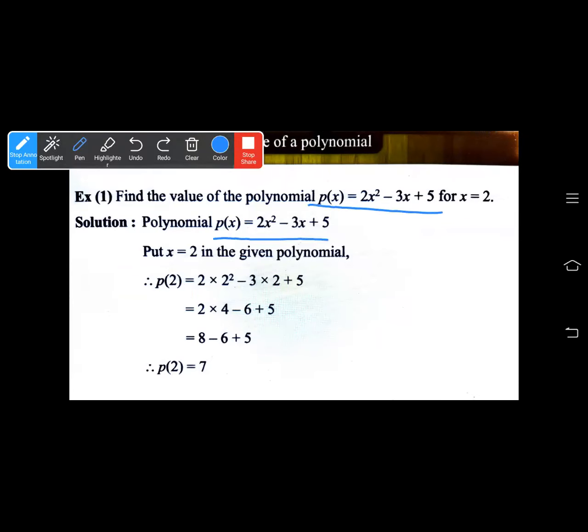For x equal to 2 in the given polynomial, we get p of 2 is equal to 2 multiplied by 2 squared minus 3 into 2, plus 5 written as it is. That means you just have to replace x by 2 and find the value of that polynomial.